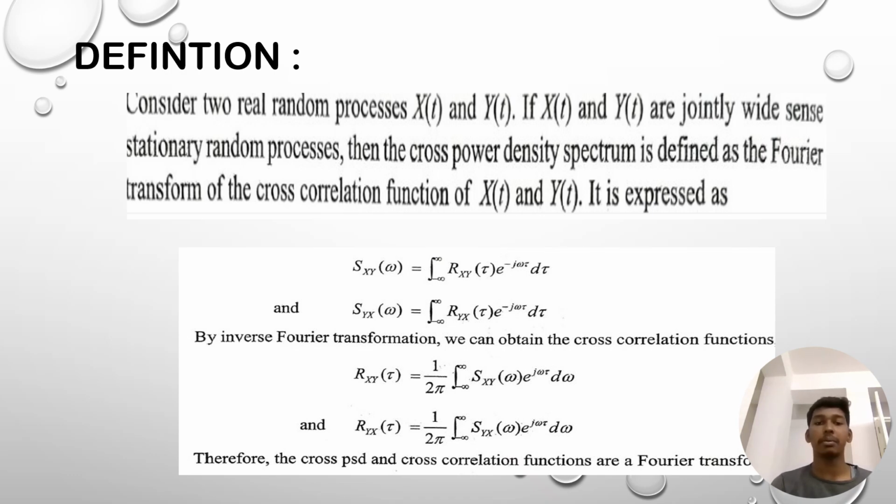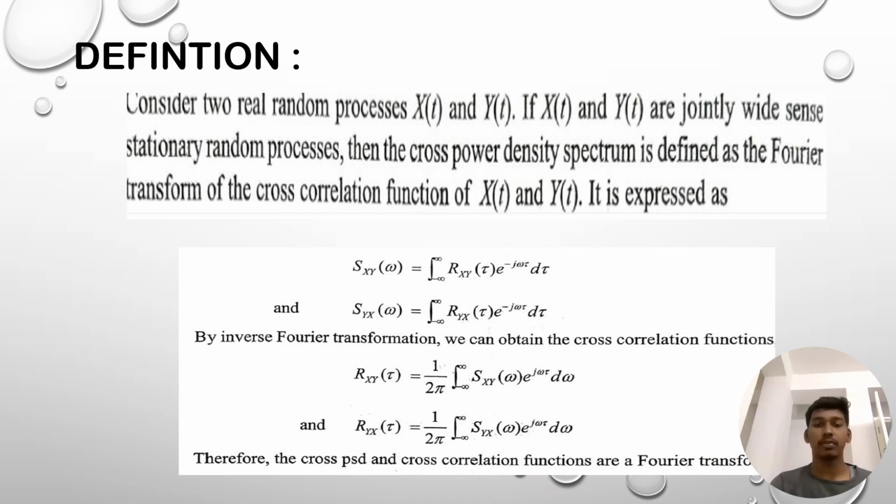Tau means your time difference, the random process x at time t1 and y at time t2, and it can also be written vice versa, like Sxy of omega is equal to the integral from minus infinity to infinity of Ryx of tau e power minus j omega tau d tau. By inverse Fourier transform we can obtain the cross correlation functions.